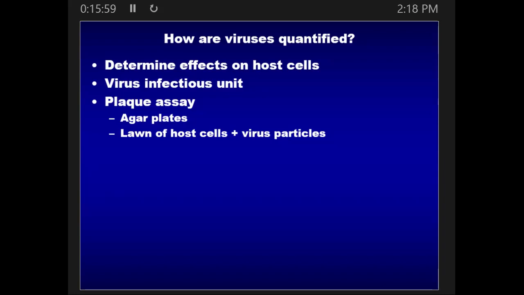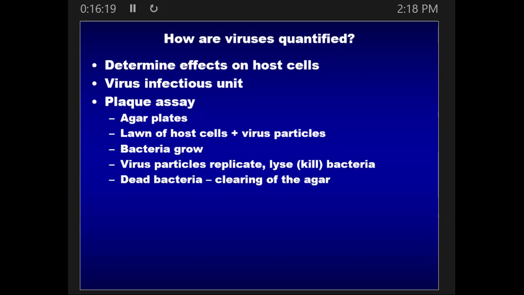And as you're incubating that plate, the virus is busy infecting and killing E. coli. And any place that they successfully got into E. coli and did their replication cycle, they'll leave a little tiny clear zone in that soft agar. And so instead of a colony, you're counting a clear zone, which is essentially a kill zone that the virus ended up killing off E. coli or whichever bacteria. So you refer to those kill zones as a plaque.